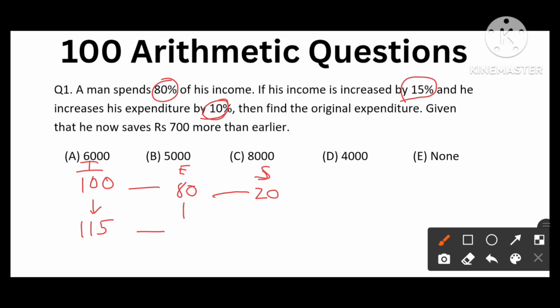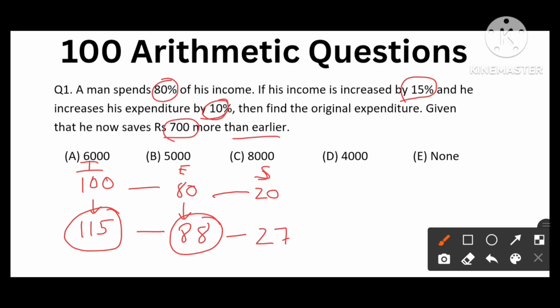So 10% of 80, which will be 8. 80 plus 8, which will be 88. So from these two, income and expenditure, we can find the savings, which is nothing but 27. In question it says that he now saves 700 more than earlier.